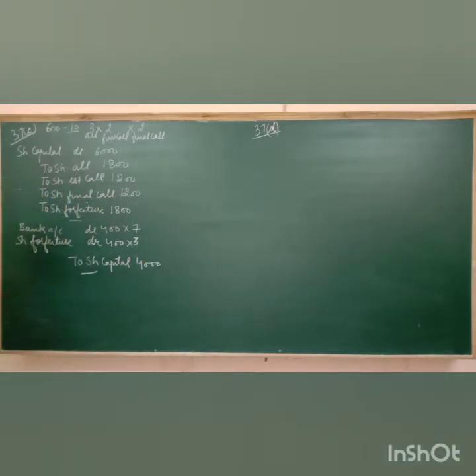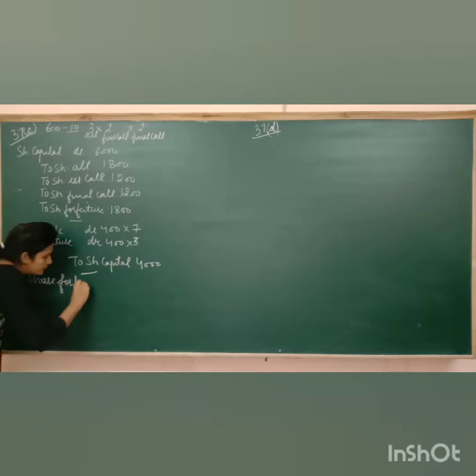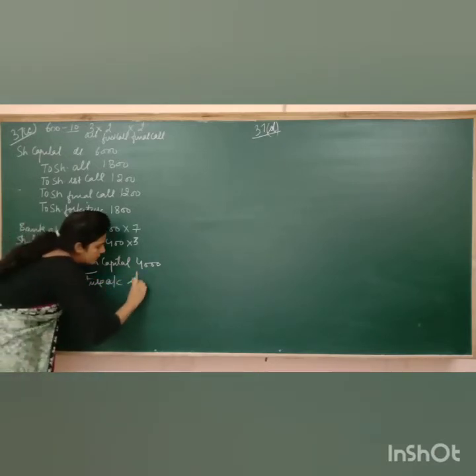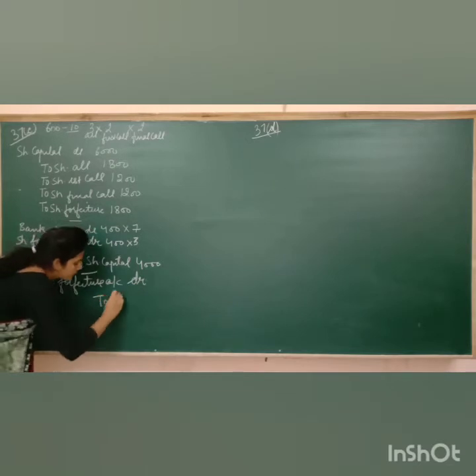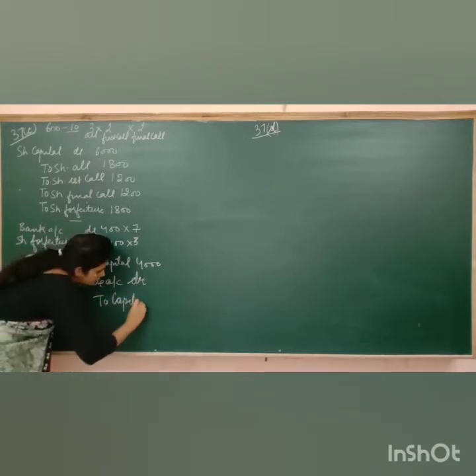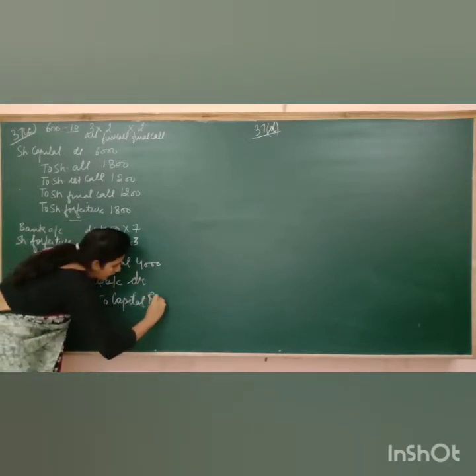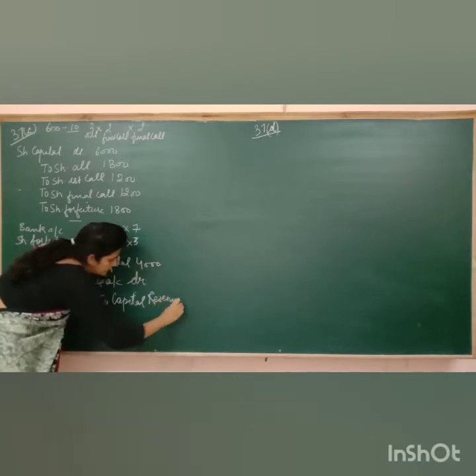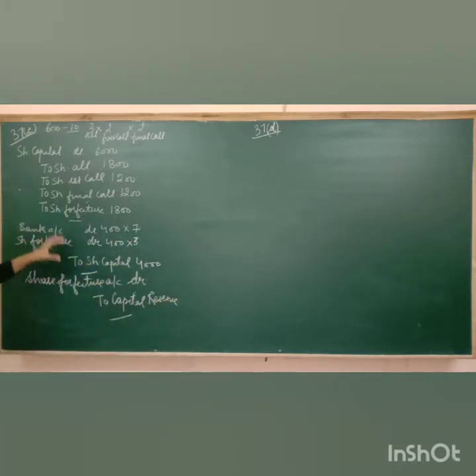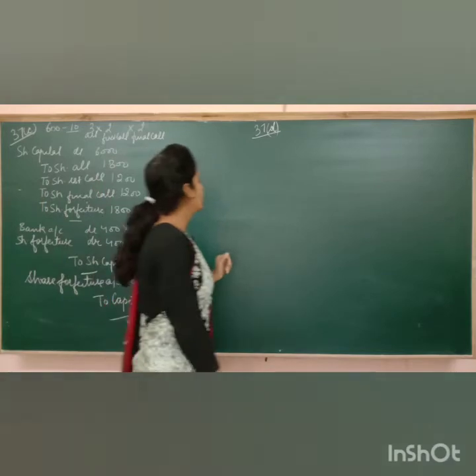Now you know what is the last entry. Last entry is share forfeiture account debited to capital reserve. We have to transfer the profit on forfeiture to capital reserve.